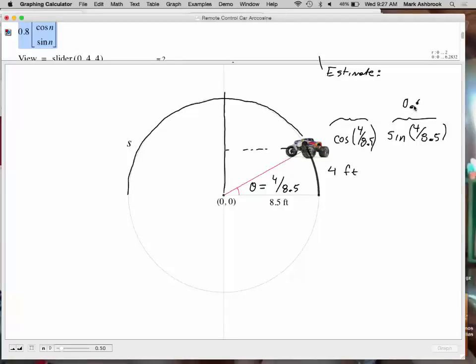A little less than half. What about cosine? Estimate for cosine. Sorry, that was sine. Cosine, so like 0.7, 0.8. Let's go with 0.8. So now, if I wanted to know how many feet over it is and how many feet up it is, I've got these fraction of the radius. What does it make sense to do?